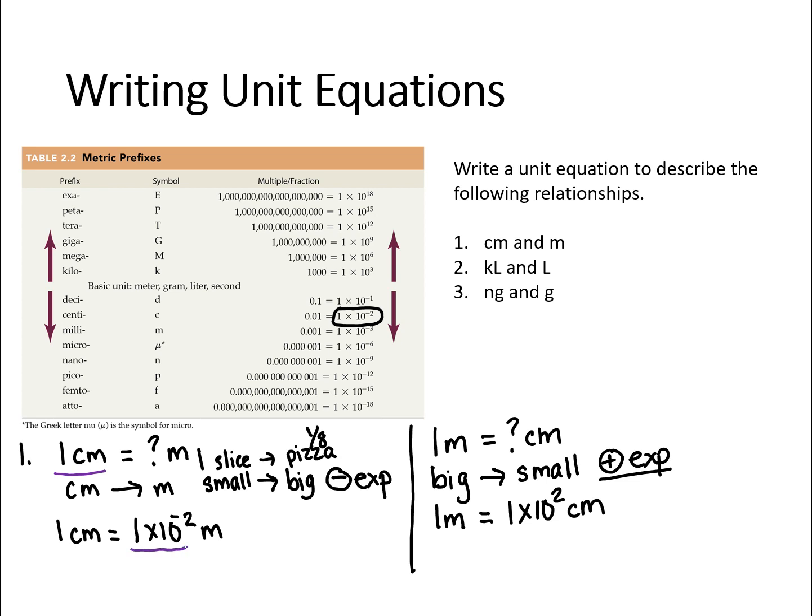And that's why we have something that's less than 1, because remember, that's what 1 times 10 to the minus 2 is. It's 0.01. So 1 centimeter is 1/100th of a meter, whereas 1 meter is equal to 100 centimeters. That's what we're saying here. We're just using scientific notation.